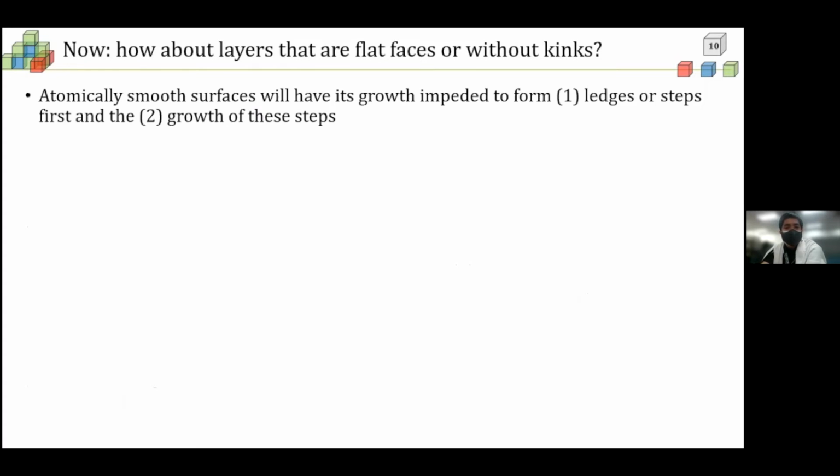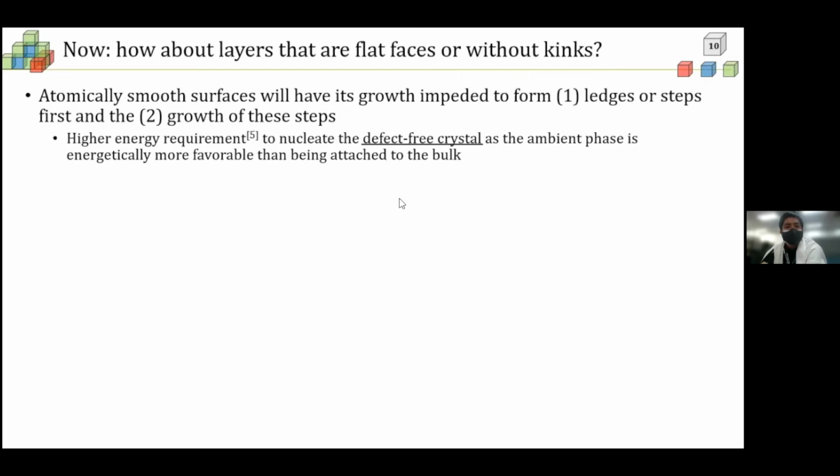That is actually the first step for atomically smooth surfaces to grow. These surfaces are impeded and need to form ledges or steps first, prior to getting some kinks, and those kinks would be the sites for growth of the crystal. So more or less, there would be a higher energy requirement to nucleate these kinds of defect-free crystals.